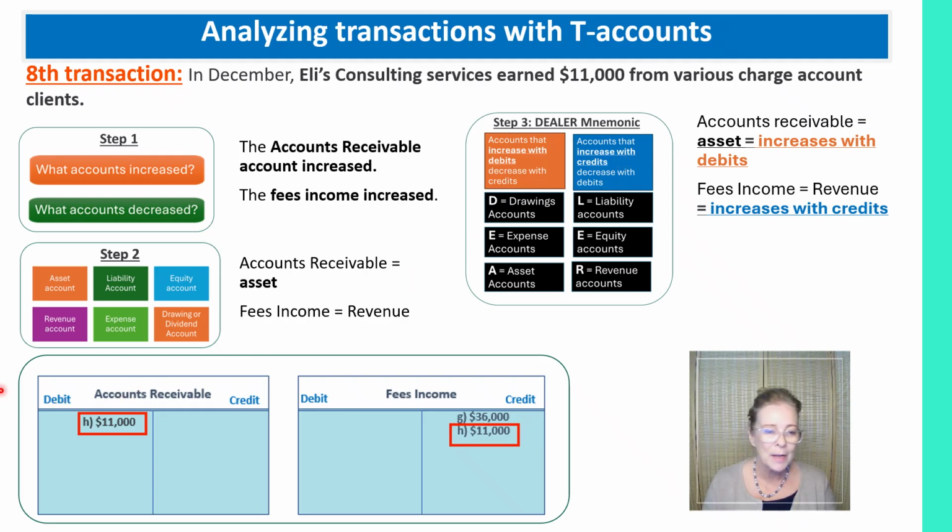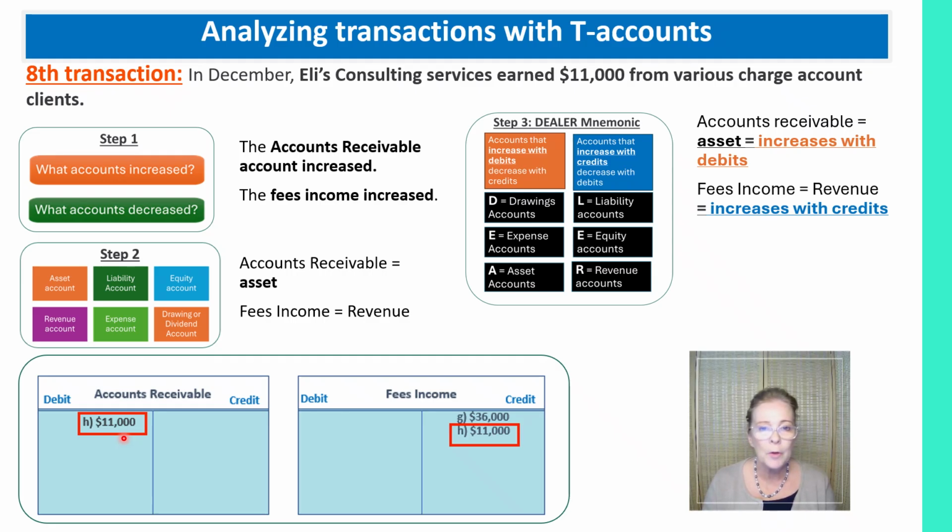How do we write this transaction using T accounts? We create a new T account for accounts receivable with debits on the left and credits on the right, and write the transaction ID of H and the amount of $11,000 into the debit column of the accounts receivable account, because we determined in step 3 that we would debit accounts receivable.